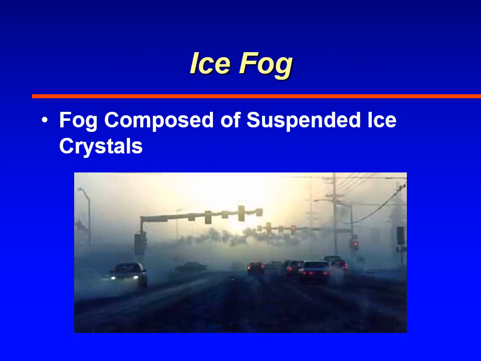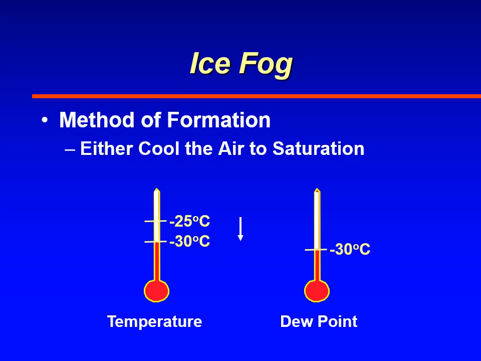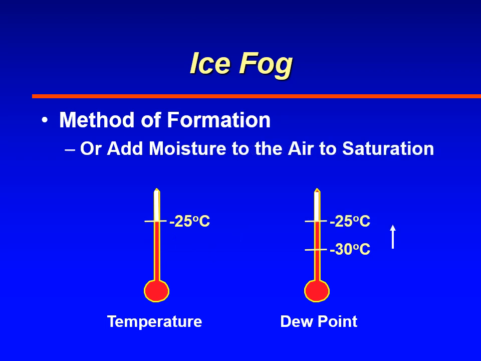The last type of fog we'll talk about is ice fog, and ice fog is made of ice crystals. Ice fog can form either way, by cooling the air to saturation or by adding moisture to the air to increase the dew point.